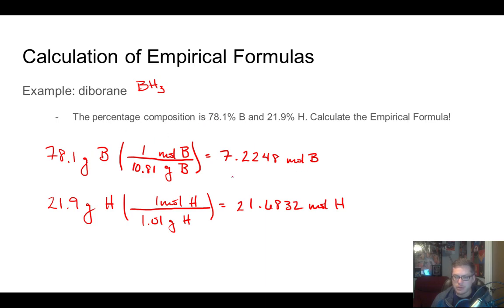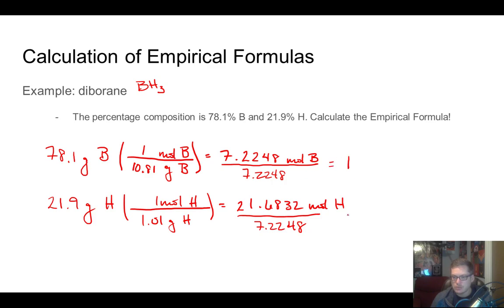Now we divide by the smallest. Pick the number of moles that's smallest and divide both by that. 7.2248 is smaller than 21.6832, so we divide them both by 7.2248.